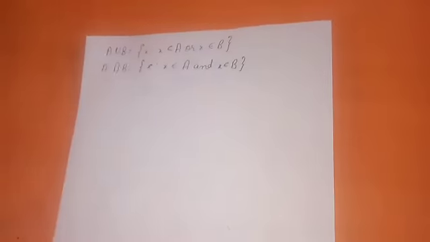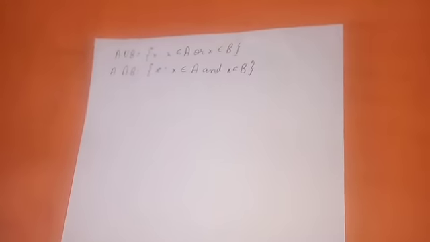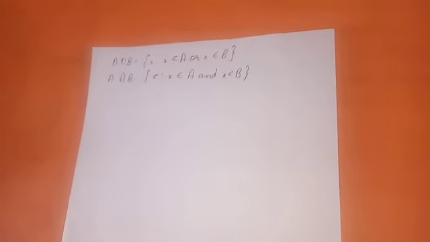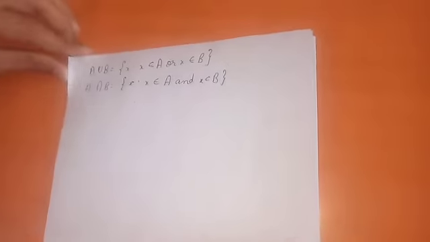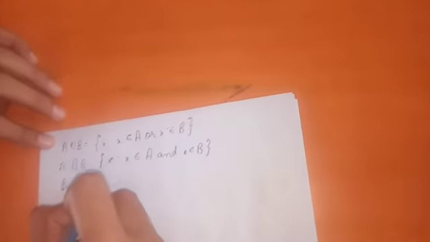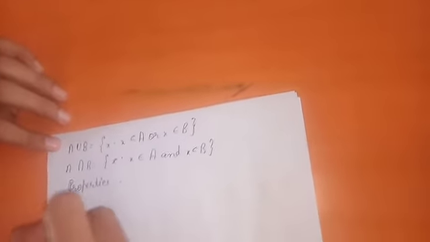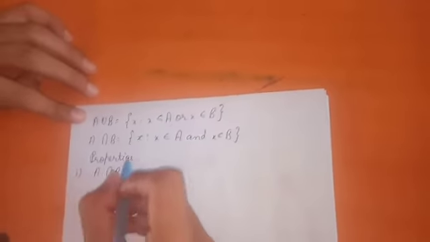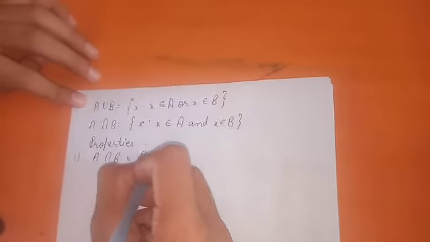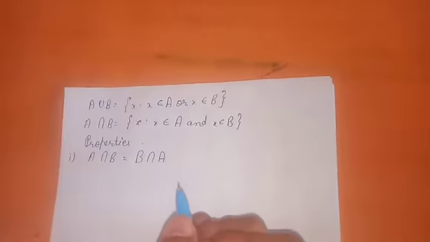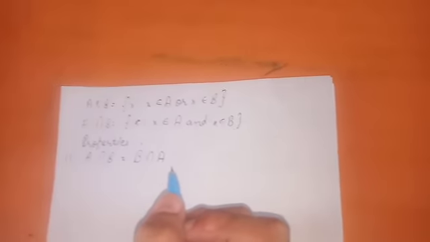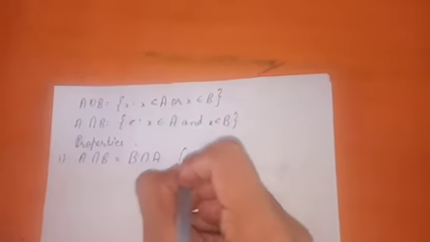Now we are going to see some properties of intersection, like we have studied for union properties. First is A intersection B is equal to B intersection A. It is our commutative law.